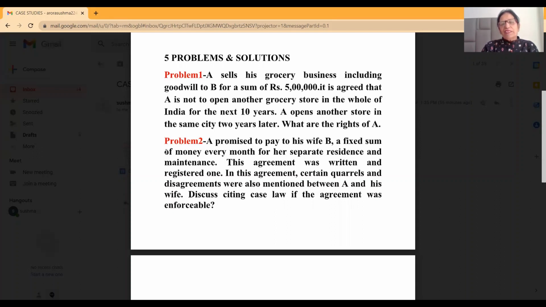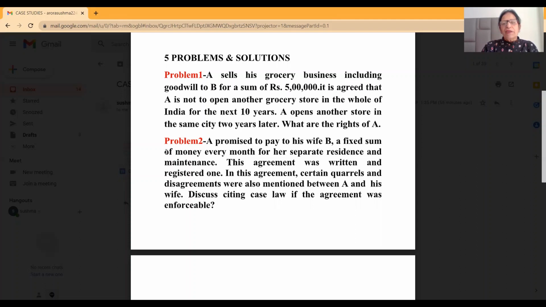Friends, the facts of this case are similar to the case law Rajlakhi Dabi v. Bhutnath Mukherjee. So in this case, friends, I have already mentioned the four conditions. The four conditions are not going to be satisfied. The agreement has not been made on account of natural love and affection, which is one of the requirements.